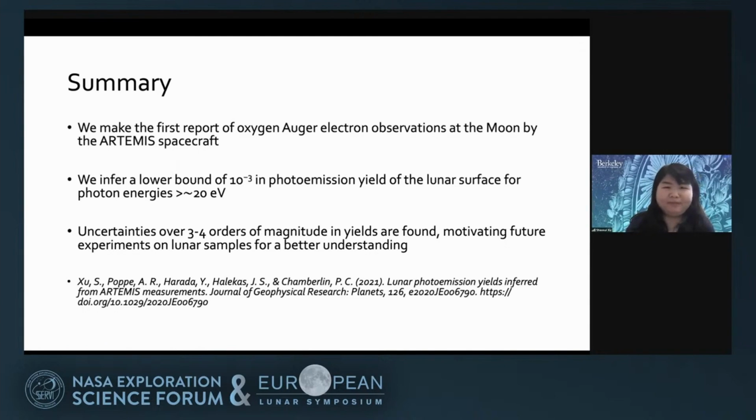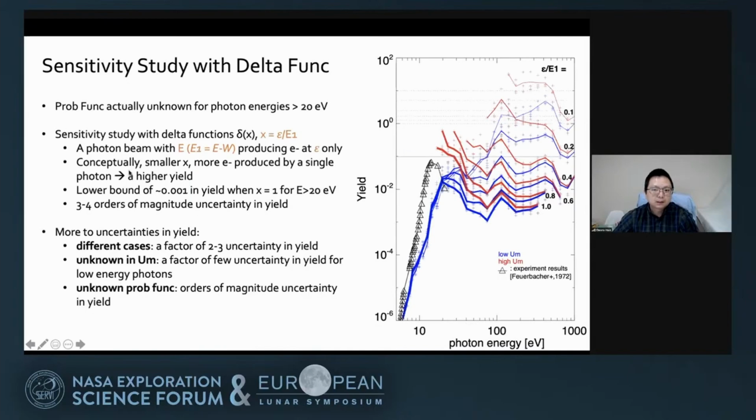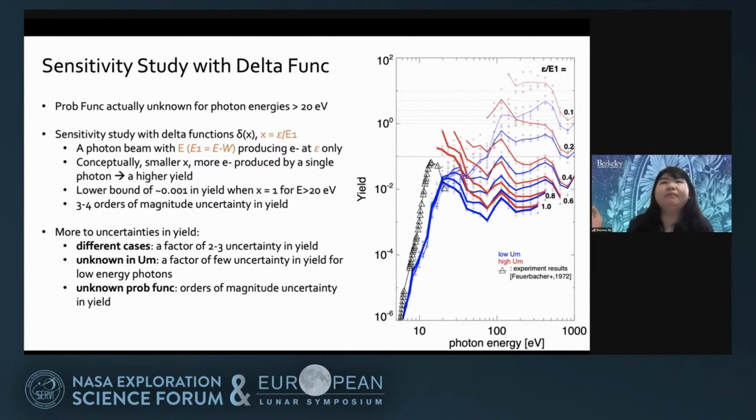Yeah, I have a quick question. If you go back to the previous plot, could you explain why high surface potential gives a higher yield versus low surface potential? That has something to do with the correction to the spacecraft potential. The photoelectron spectrum will be different when you correct for the potential.